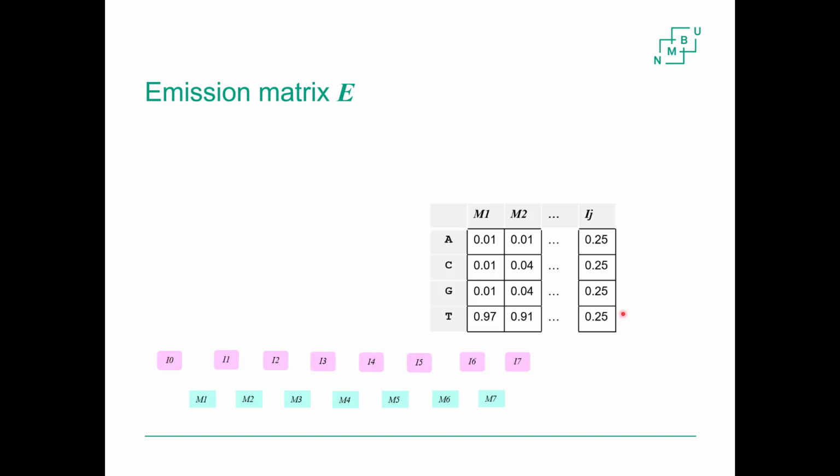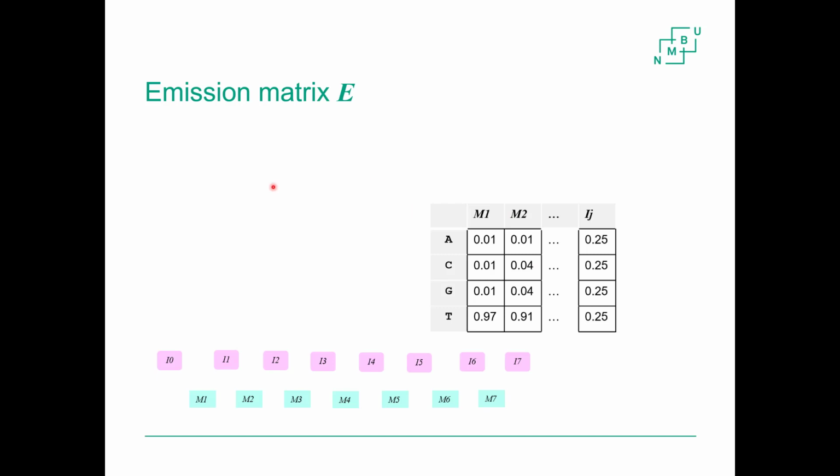All the pink ones share this one together. So we actually need only to write it once. Because regardless of which pink one you are visiting, this is how the symbols are emitted. You simply draw at random with these probabilities, A, C, G, or T. Anything can occur here if you visit one of the pink ones.